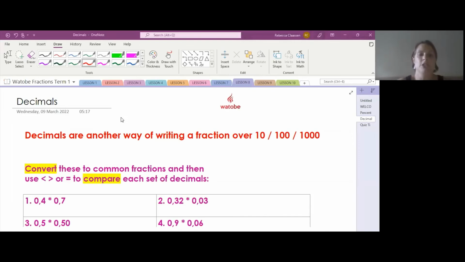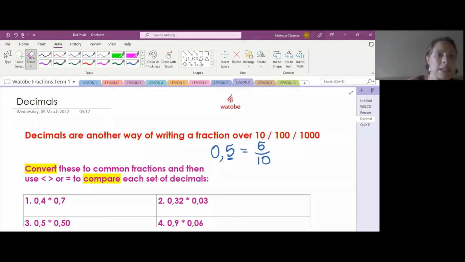So what I want you to do, if we have 0.5 as a common fraction, remember decimals means it's either over 10, 100, or 1,000. And because there's only one digit, it means that it is over 10. So this means it's actually 5 over 10.